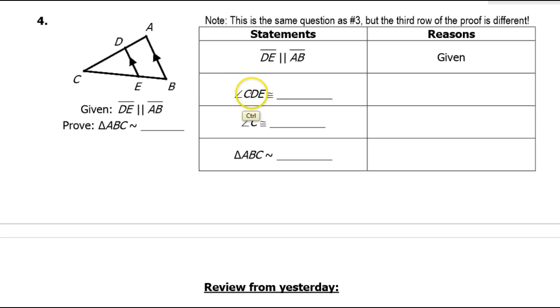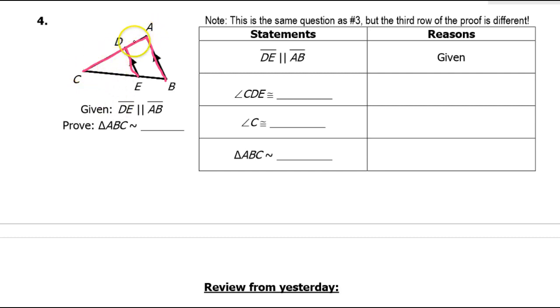Alright, but it's starting off the same way, CDE. So we are going to use the fact that we have parallel lines. Hey guys, do parallel lines lead to congruent sides or congruent angles? Congruent angles. Alright, parallel lines do not give you congruent sides, they give you congruent angles.